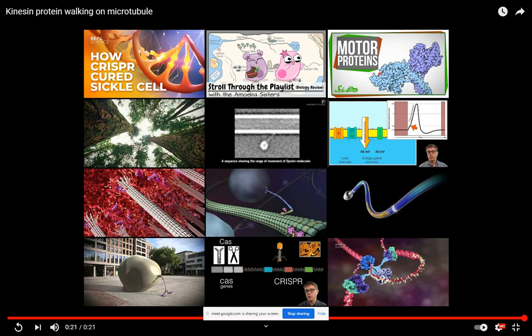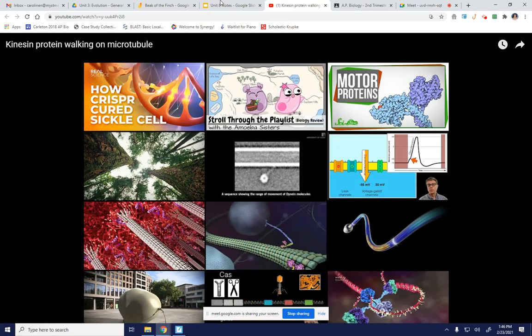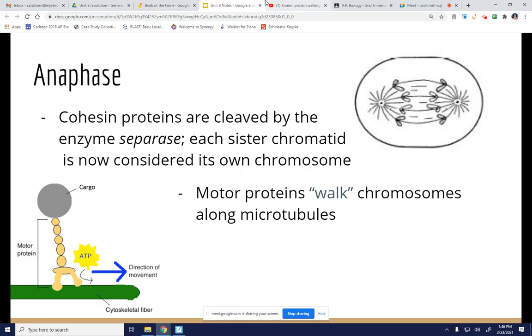Hang on, let me escape out of that now. If you're curious about how a protein can do that without actually being a little alien walking along in your cells, if you go into the slides and click on this word, there's a 2-minute video that talks you through a little more of the chemical changes happening in that protein that change its shape such that it attaches and then releases and attaches and releases to allow it to make that walking movement.